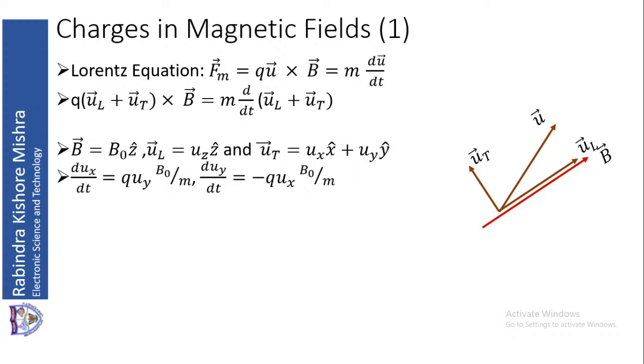From that we take each component, x component and y component. You will get dux by dt is equal to q uy b0 by m. Similarly, duy upon dt will be minus q ux b0 by m.